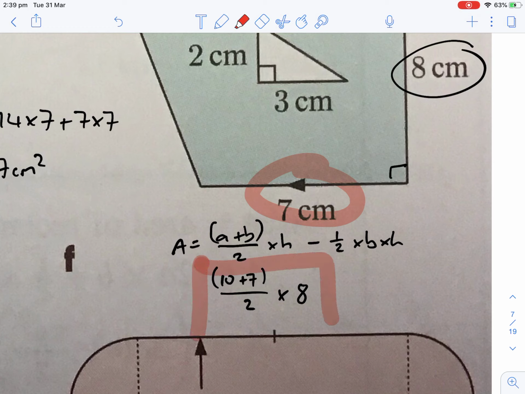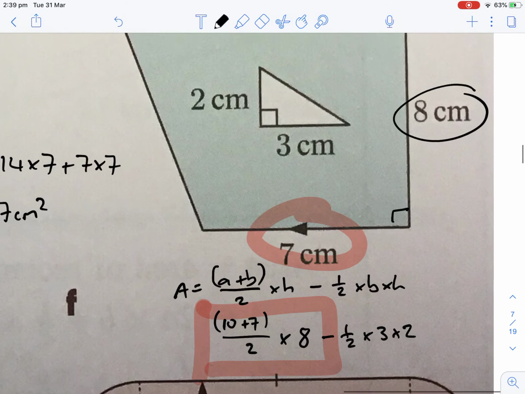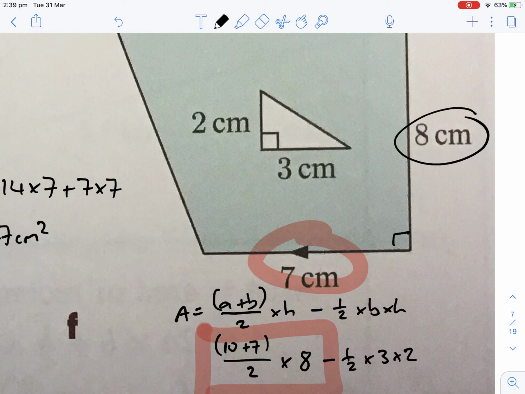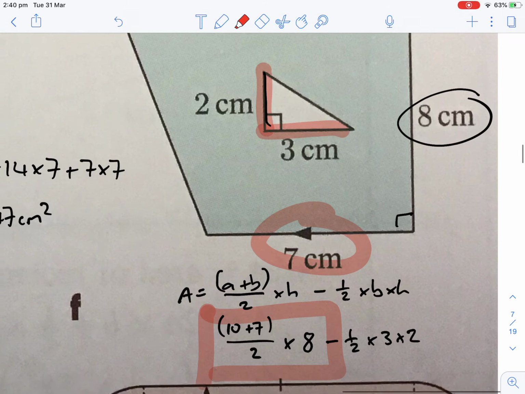This all together will give me the area of the trapezium, and then I would need to subtract my triangle, which is a half, times my base, which is 3, and my height, which is 2. And again, it actually doesn't matter which order you do that in the triangle. It doesn't matter which one you call the base, which one you call the height. The only thing that does matter is that those 2 measurements must make a 90 degree angle with each other, so that your height is in fact taken from a 90 degree angle.